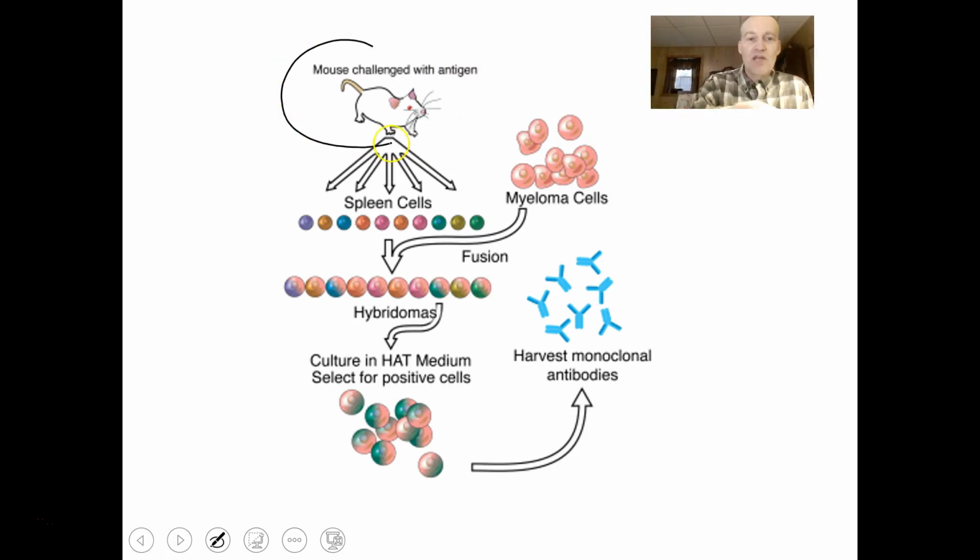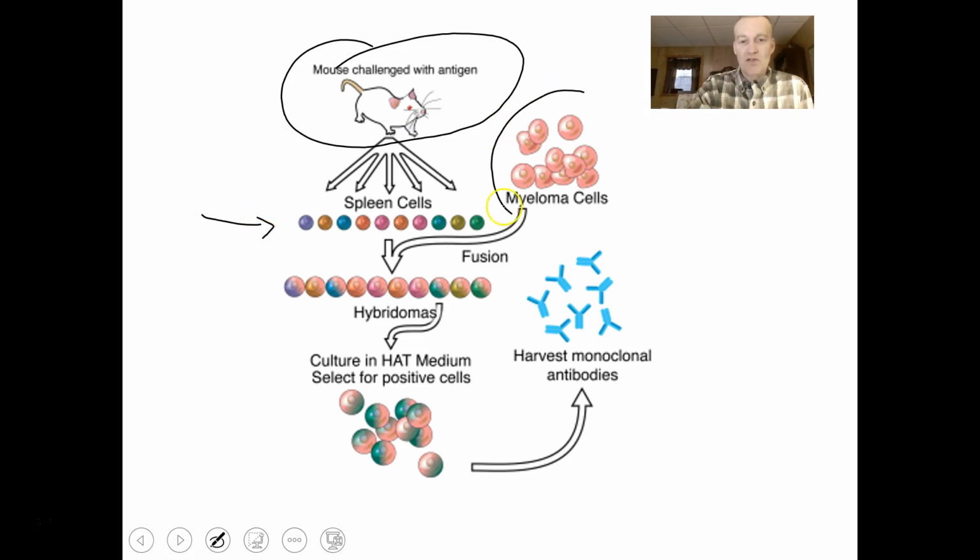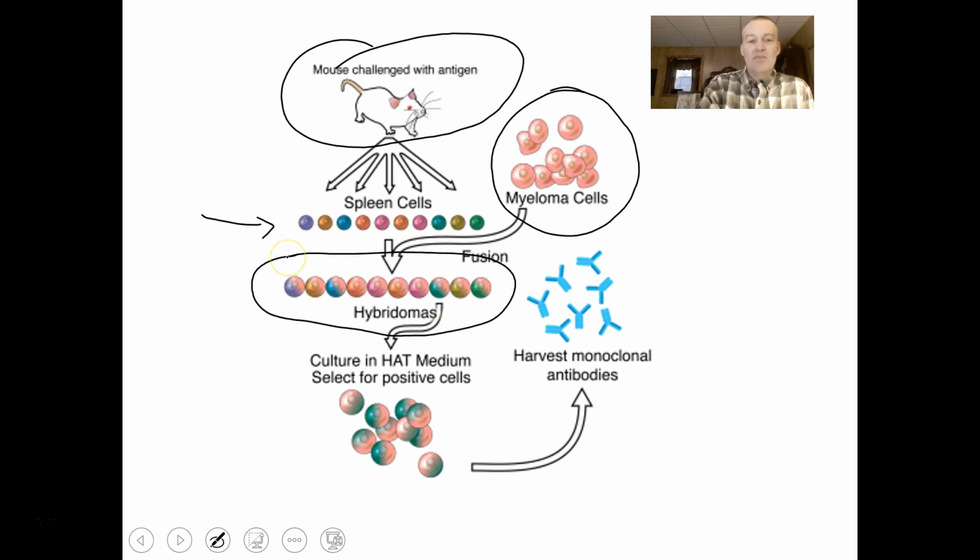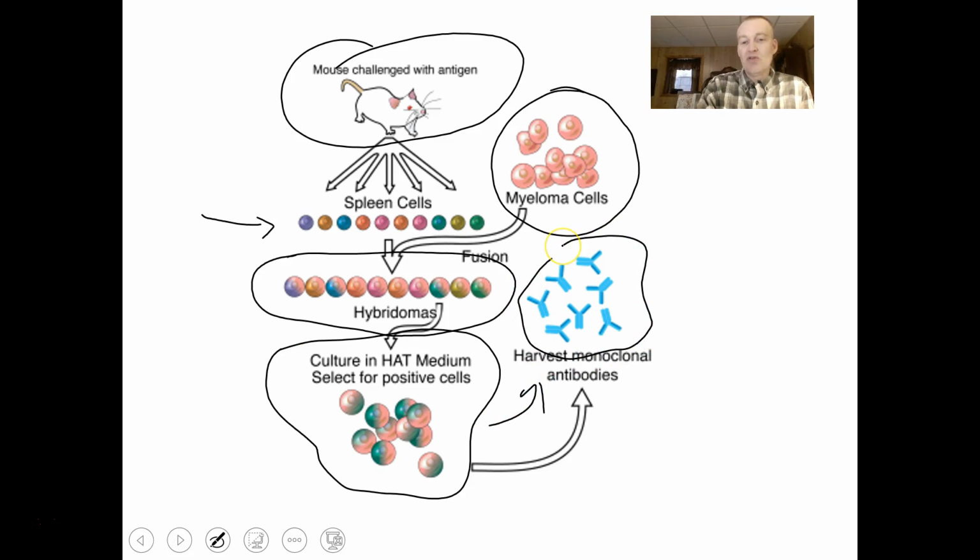We take and challenge some kind of model organism like a mouse or a rat. We activate the immune system cells, the B cells. We fuse the B cells with cancer cells to create hybridomas, and these are cultured and made to produce antibodies in huge quantities.